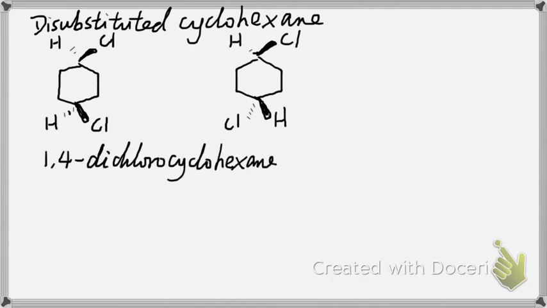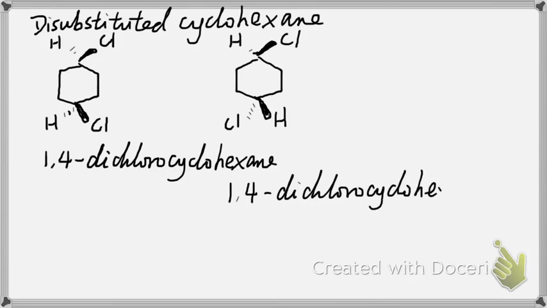Okay, so if we are going to name these two molecules based on what we have learned, the first one will be named 1,4-dichlorocyclohexane, right? While the second one is still the same, 1,4-dichlorocyclohexane. But from what I just described, you can tell these two molecules are not exactly the same. The chlorine atoms are pointing to different directions, right?